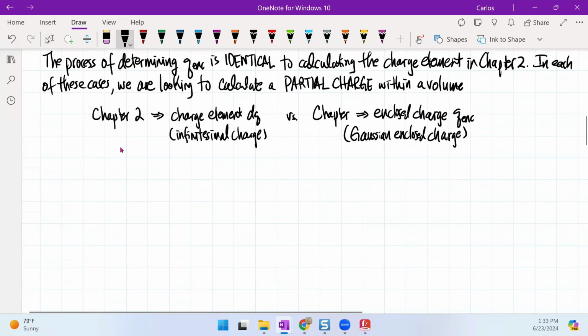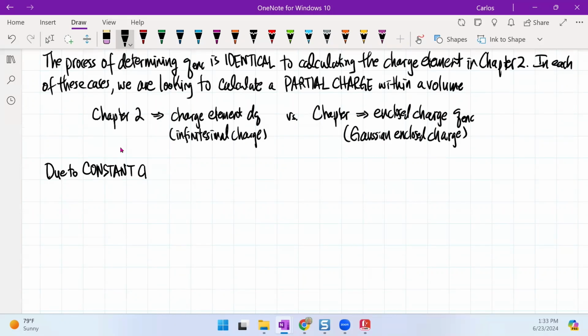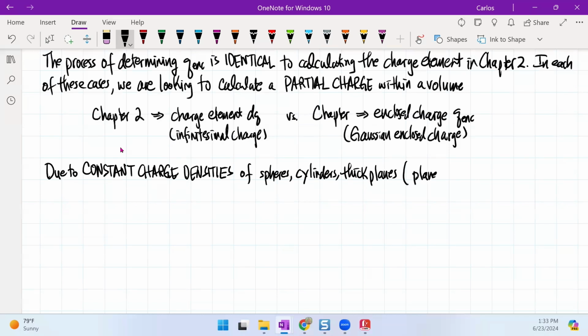So due to constant charge densities, of spheres, cylinders, thick planes, and we can also have planes and line charges.